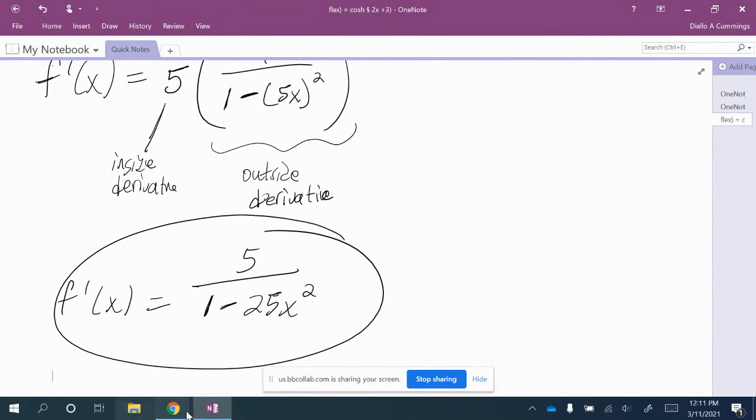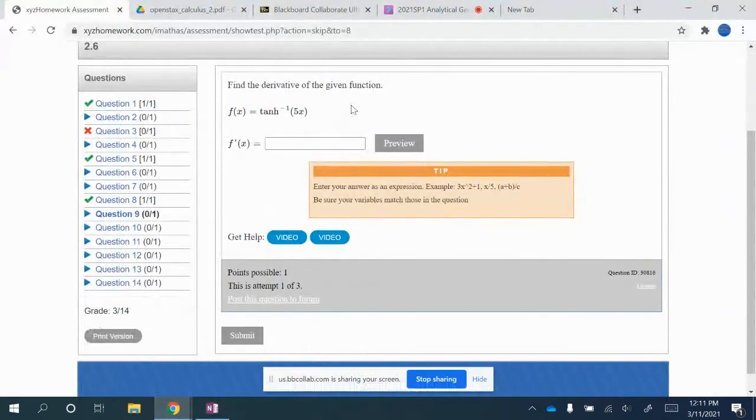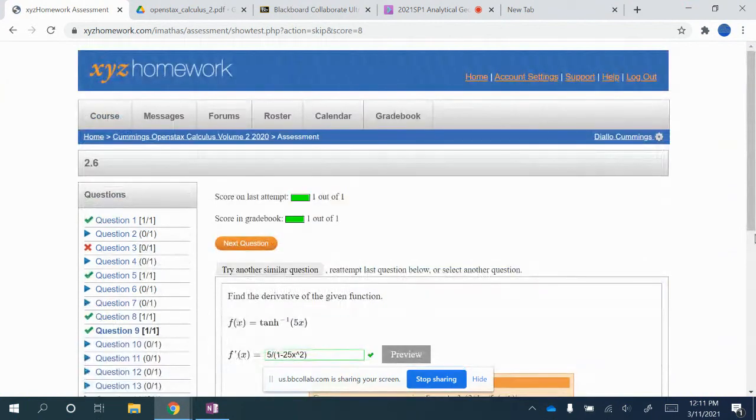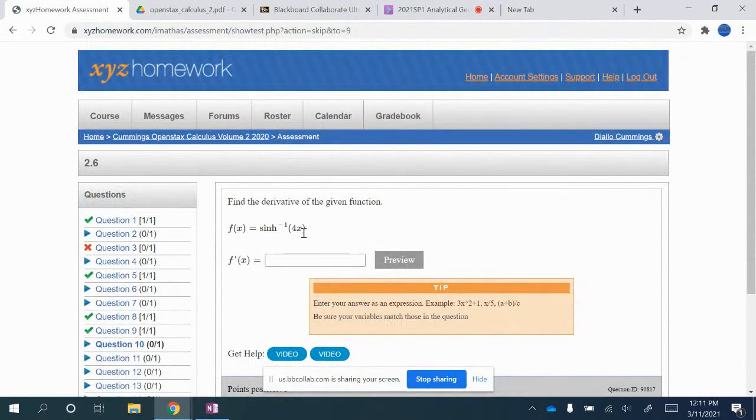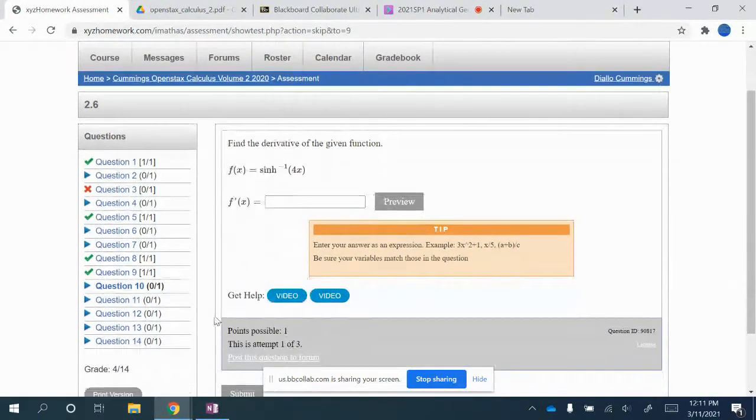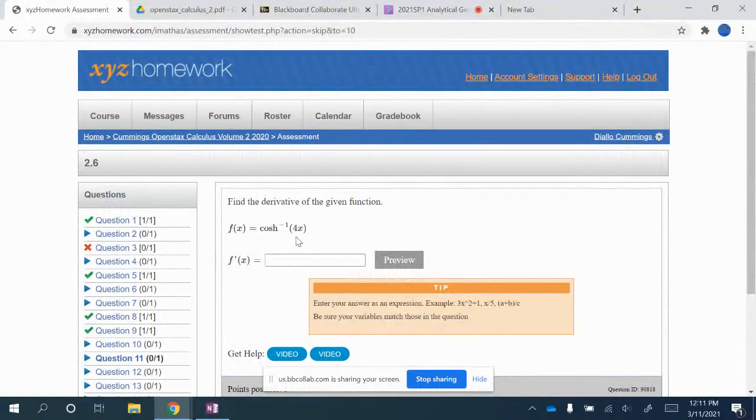So I have 5 divided by 1 minus 25x squared. So this is how you would find the derivative for your hyperbolic function. So number 10 is similar. We would use the chain rule, outside, inside derivative. 11 is similar.